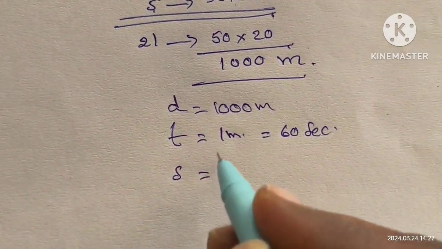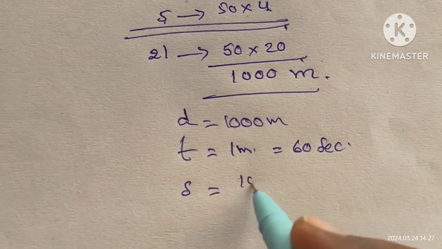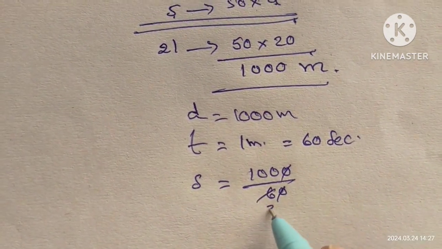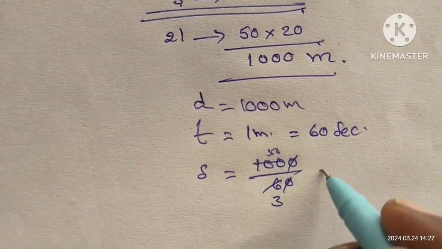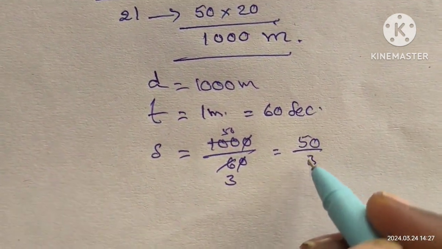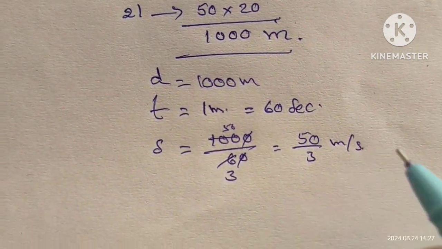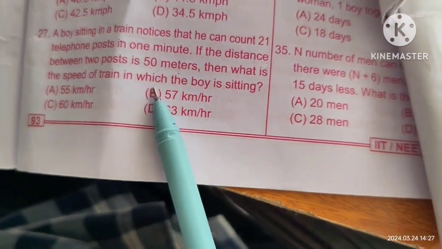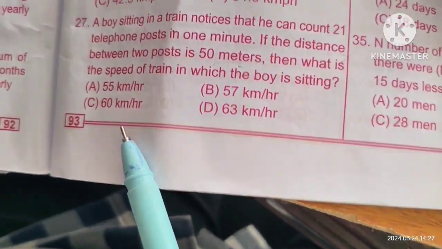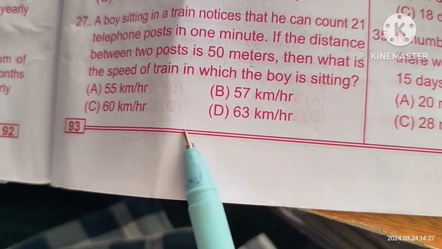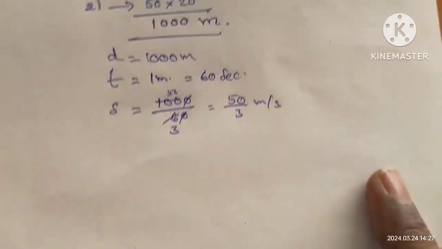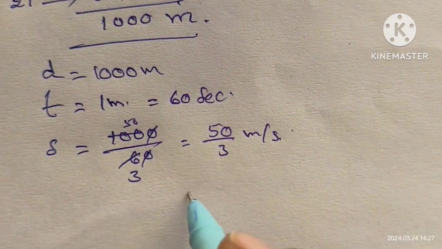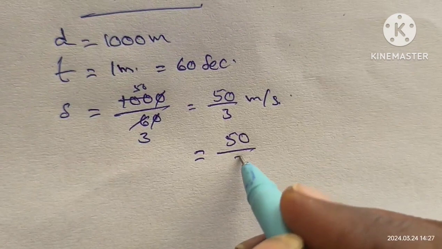Then speed equal to distance by time. Then 1000 by 60. 0, 0 cancel. 2 threes are 6, 250. So 50 by 3 meters per second. That is it. Okay. But they are asking, they given the options in kilometers per hour. So convert the 50 by 3 meters per second into kilometers per hour. Already we discussed it in the classroom.